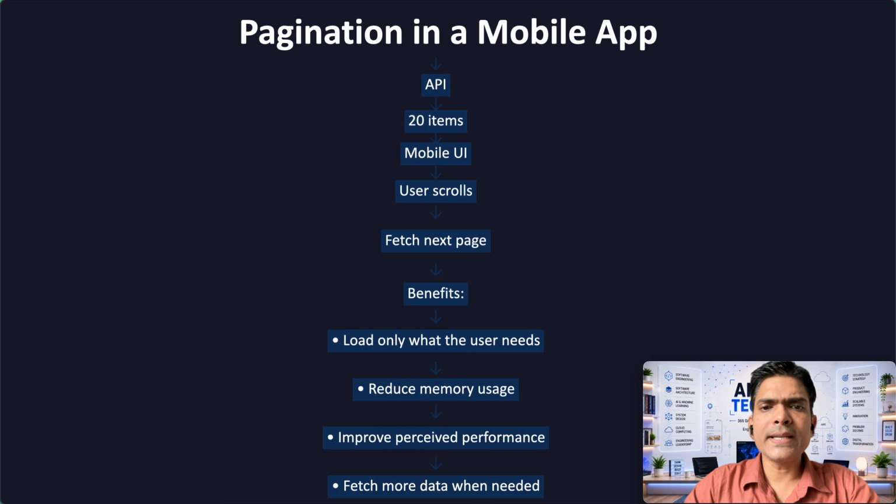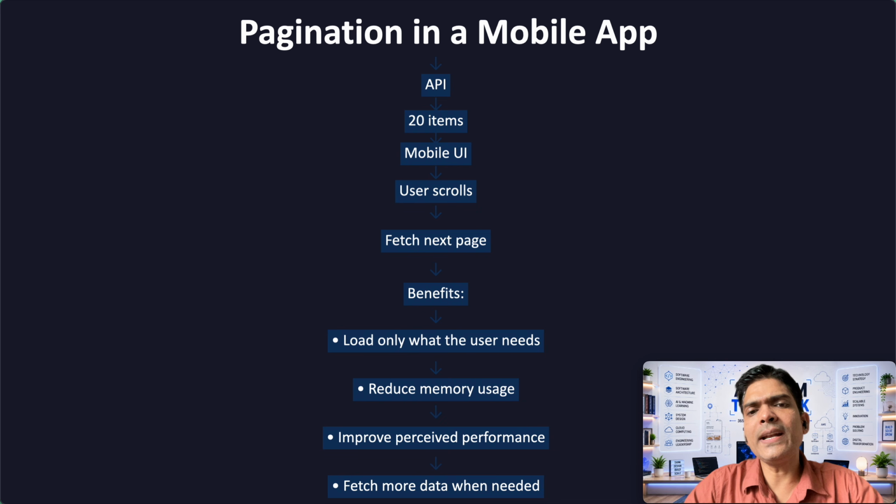From a mobile application perspective, pagination is particularly useful. Imagine we are displaying a list of products. We initially download only 20 products. The user sees those products on the screen. When the user scrolls towards the bottom, the application can request the next page.